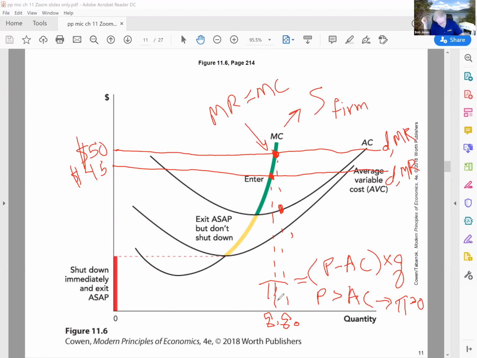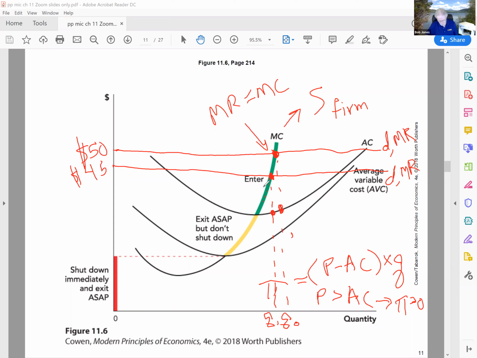Because given this price, they're going to produce this quantity. And if they produce that quantity, their average cost is here. So they are making profit, which means this is a point on the firm's supply curve. So now we've identified 2 points on the firm's supply curve. If the price were 44, 43, 42, we would identify other points on the firm's supply curve. So it's beginning to look like the firm's supply curve is just the firm's marginal cost curve.